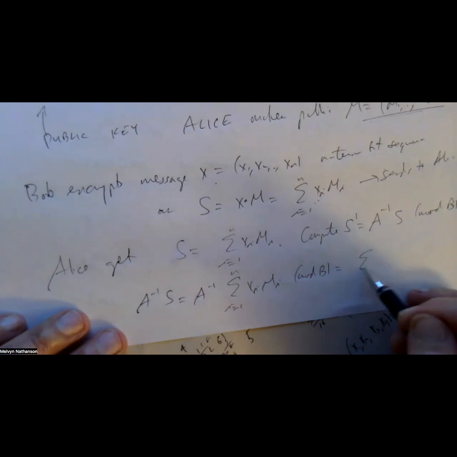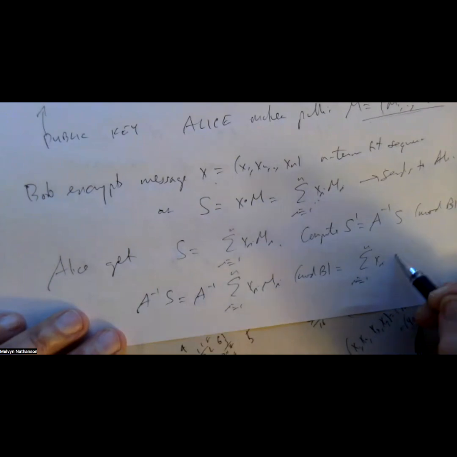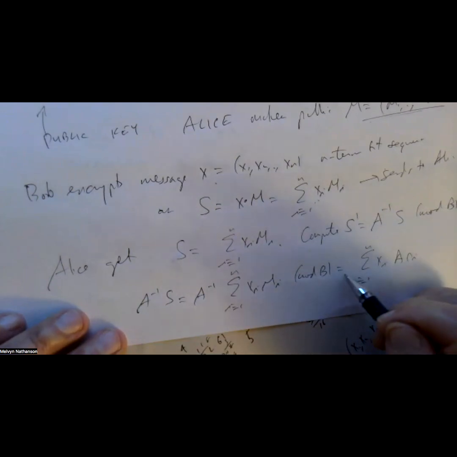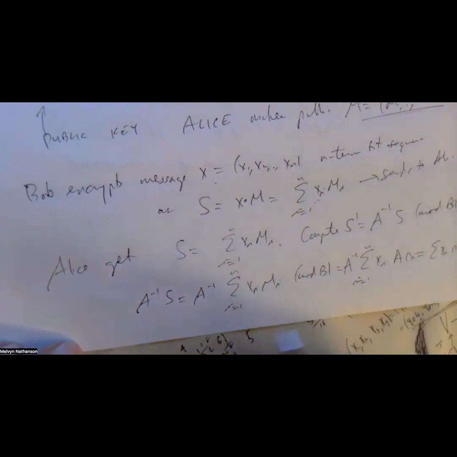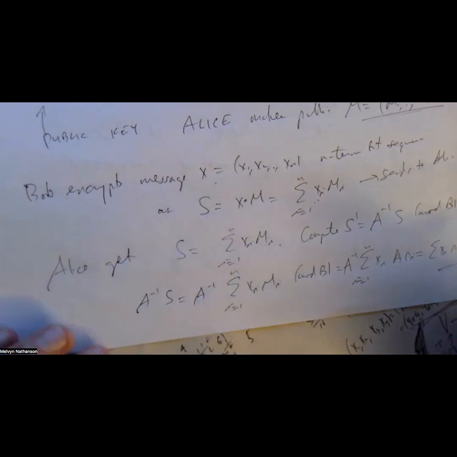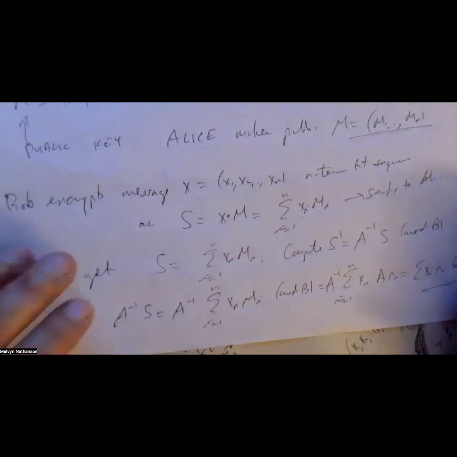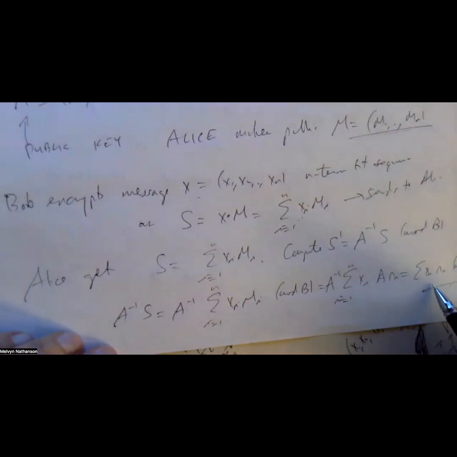But this is summation i goes from 1 up to n, X sub i, M sub i was A R sub i, and we're multiplying that by A inverse. So the A inverse and A cancel. This is summation X sub i R sub i mod B. So this number that Alice gets by deciphering is a subset sum from the super increasing sequence of R's, and that is easy from this to recover the X sub i's.